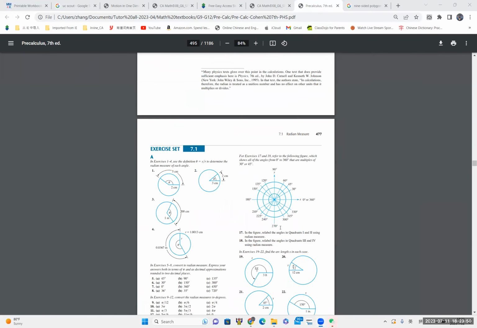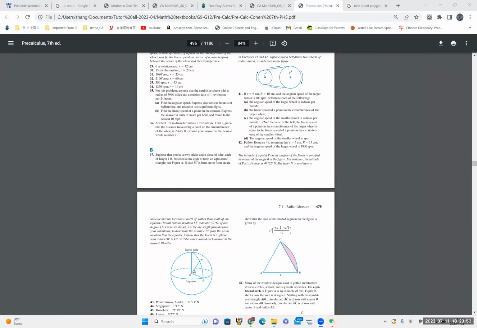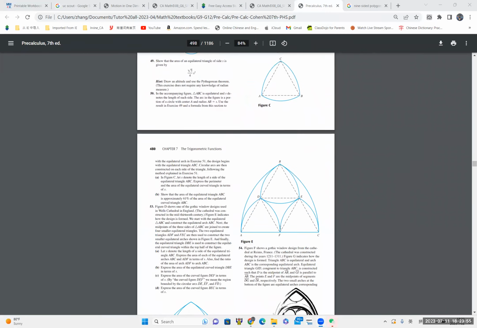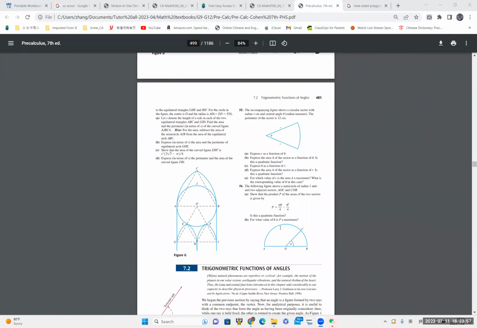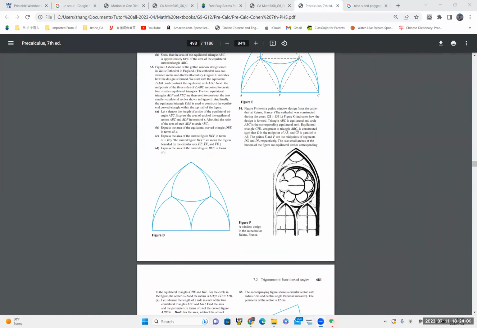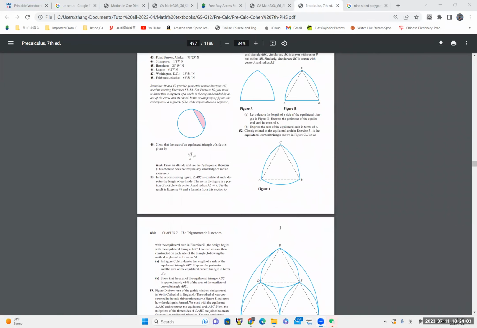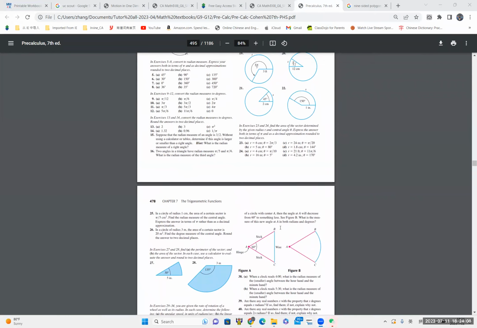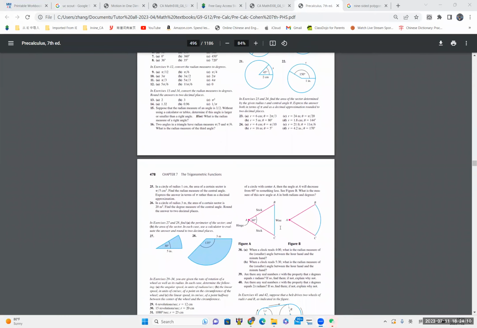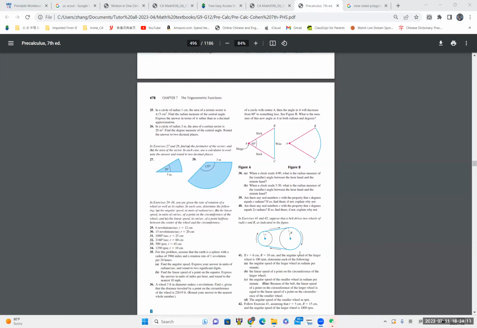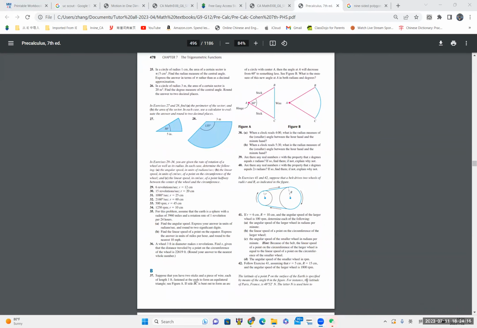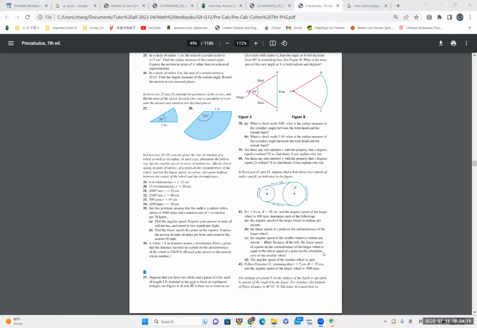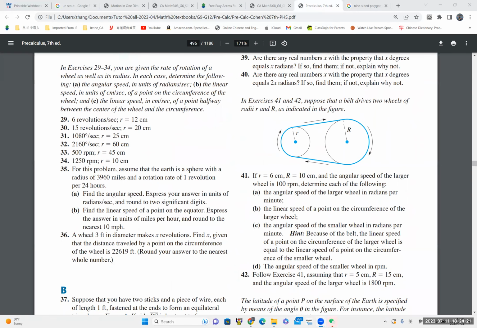Backside. Okay, again, let's find some. A, B, either C. We don't have C. Let me see. Okay, just A and B. How about let's find the one here? 41. Yeah, even go bigger.